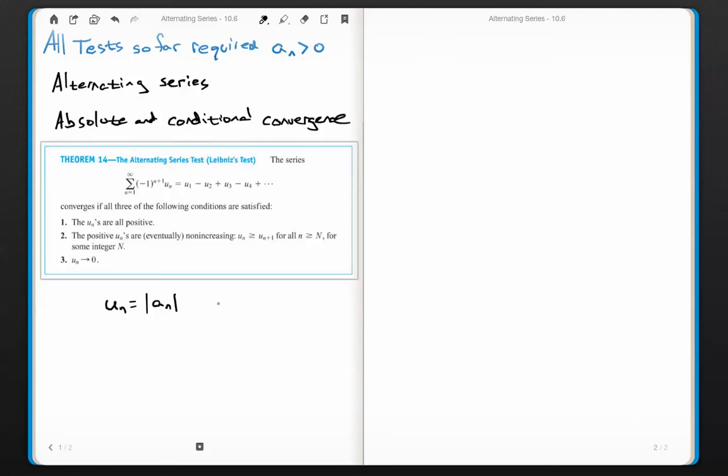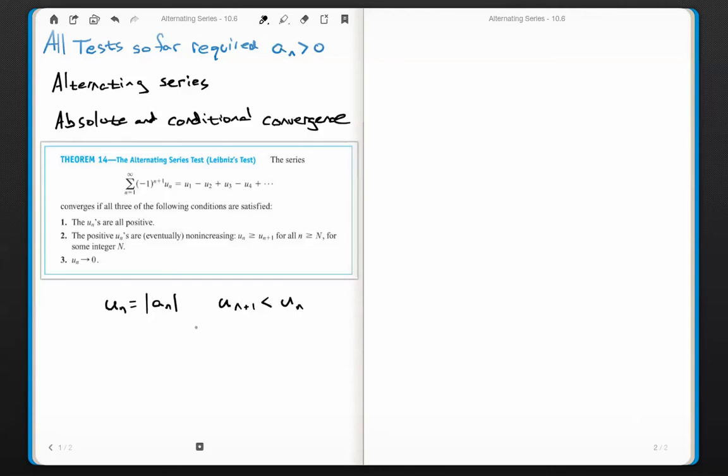Now, to me, it makes more sense to say it like this. u sub n plus 1, because that's really the next one, is less than the one that came before. And that means non-increasing for all n greater than some big N. That means at some point it starts decreasing.